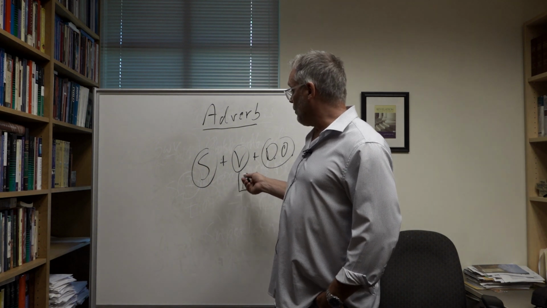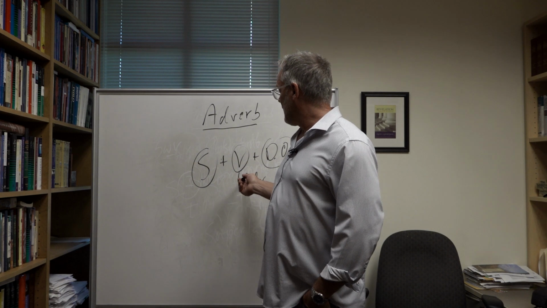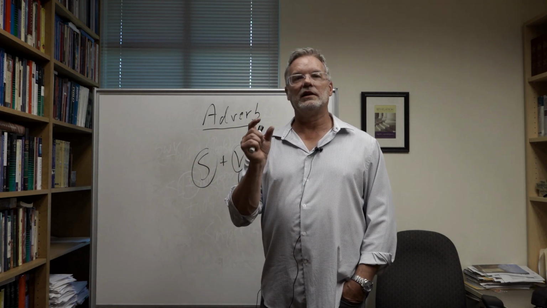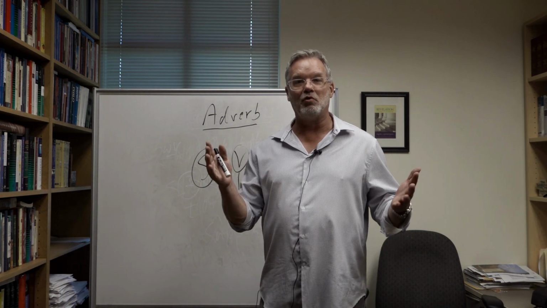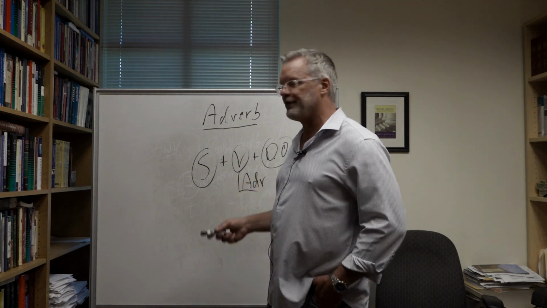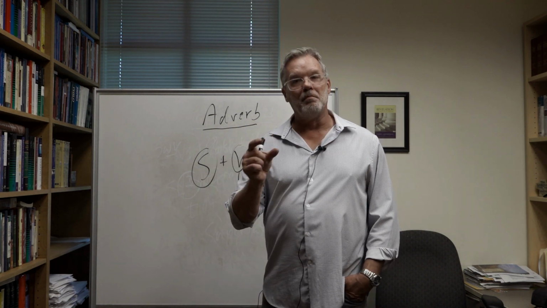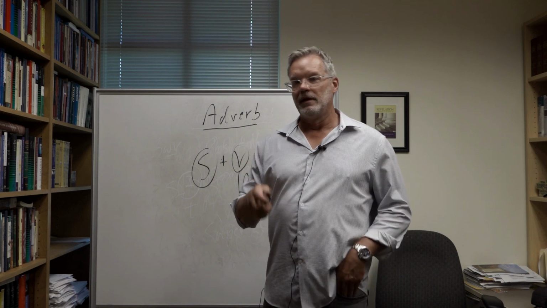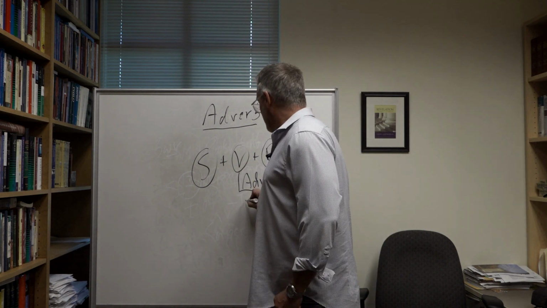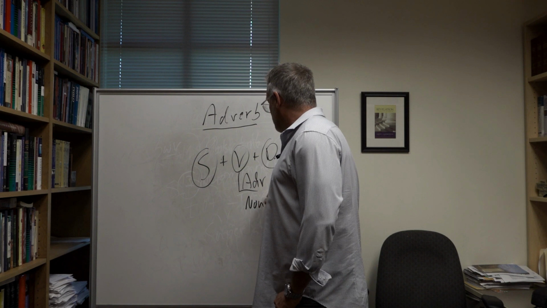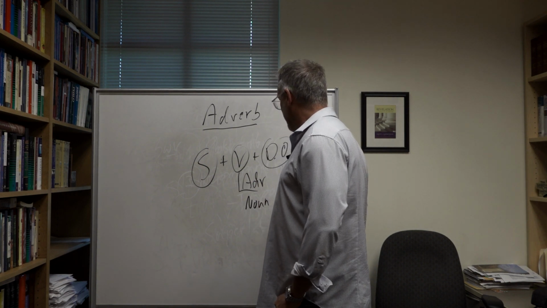Now, one thing we've seen already is, interestingly, at least three different grammatical items can fill the verb modifier container, and we'll see more. We've already seen that a noun in the accusative case, for example, can.